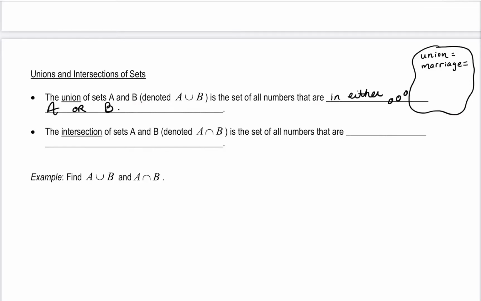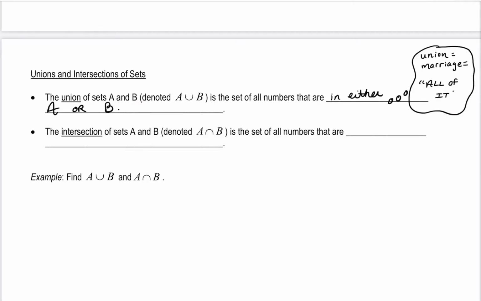Let's pretend that you had two people, person A, person B. They lived separate, and then they formed their union, their marriage. And so what happens with all their stuff? All the stuff that person A had and all the stuff that person B had, we take all of it together and we put it all in our new place together, right? We take all of it. So when you think about a union or a marriage, I want you to think about taking all of it.